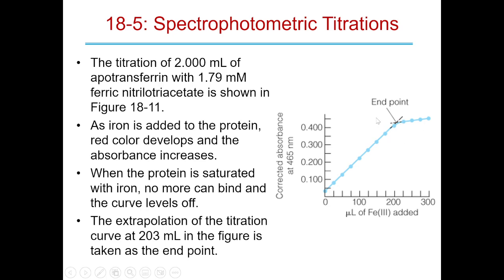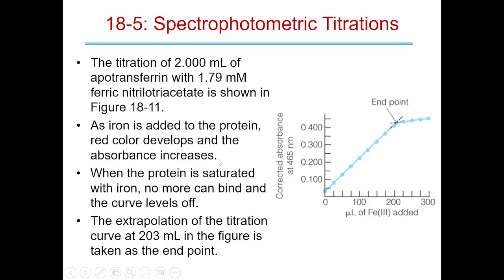The changeover is your endpoint. What's happening is this is the linear portion of the binding. Remember, bindings are always logarithmic, right? And then this is that changeover to the logarithmic portion of the binding. And so right there, that's your endpoint. Cool, huh?